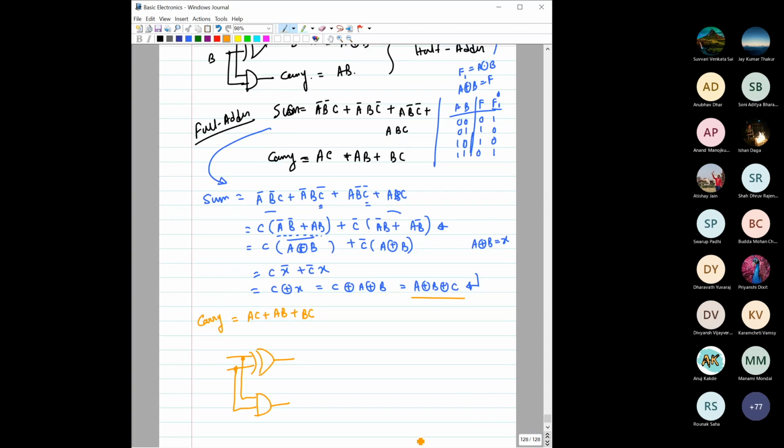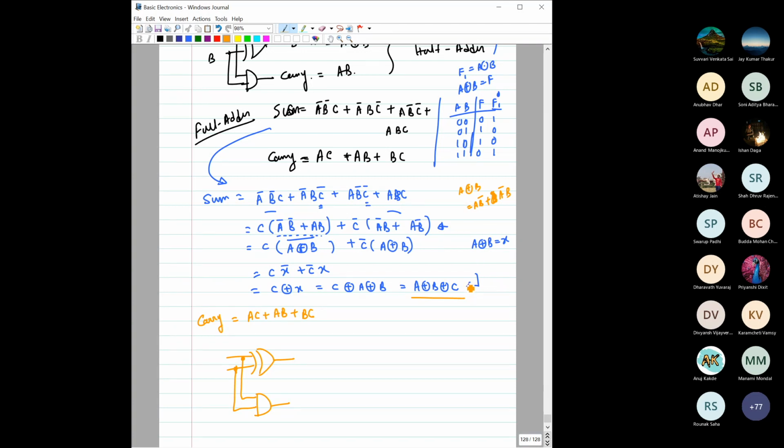No, XOR function itself is a big function, right? Whenever you are using an XOR gate, then you need a smaller number of gates, right? You understand my point, right? Yes, but sir, A XOR B itself is A B bar plus A bar B, right? This function itself is a big function.